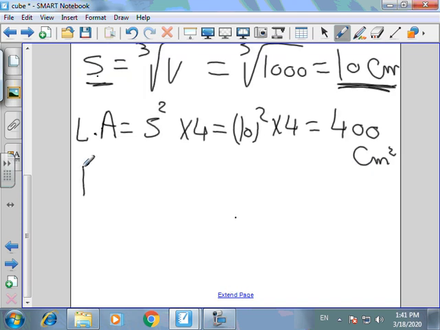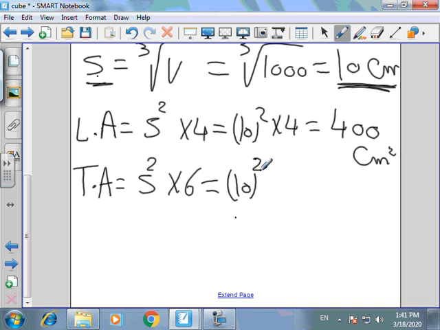What about the total area? Side squared times 6. Very good. 10 to the power 2 times 6 equals 600 centimeters squared.